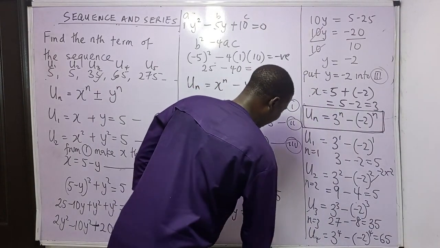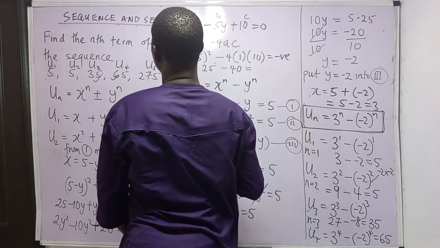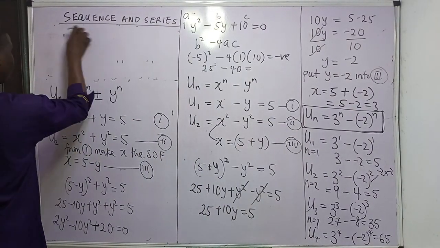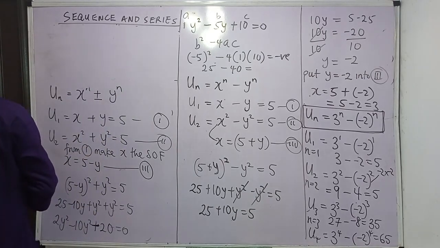What I will give you as an assignment is this: ensure you solve and submit to us. Just send your question or the answer to us in the comment section.